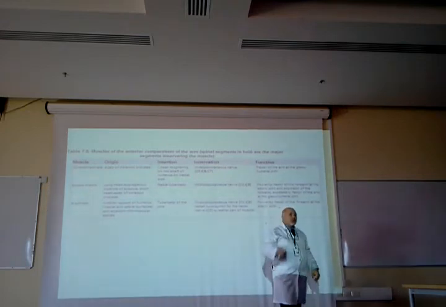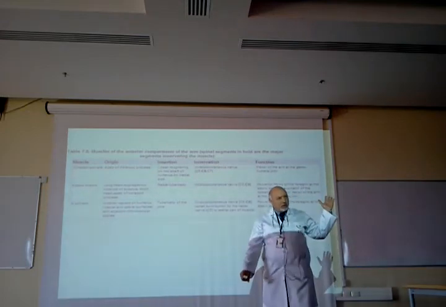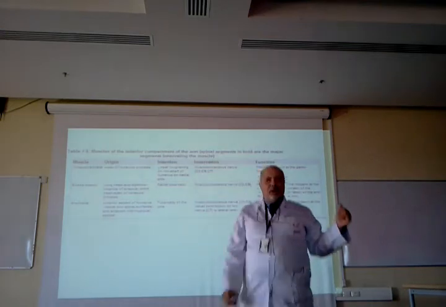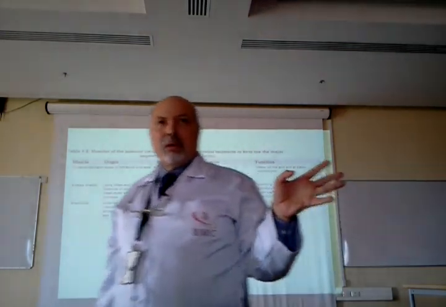Powerful flexor of the forearm. Okay, with this table having three muscles: one is coracobrachialis, the second is biceps, the third is brachialis. Don't forget that brachialis has a double nerve supply.